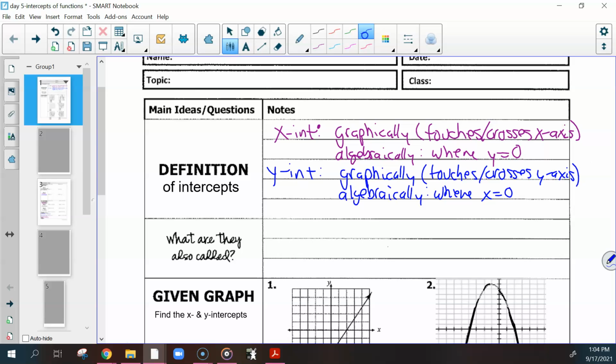You might see these instead of x-intercepts, but just know that these words are interchangeable: solutions, roots, and then of course x-intercepts.